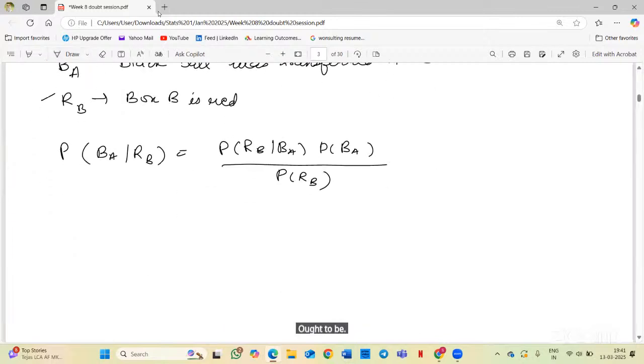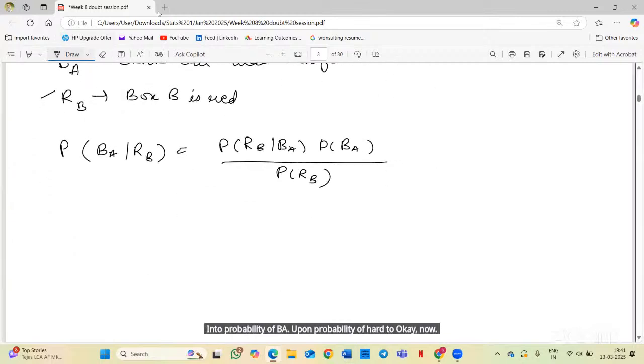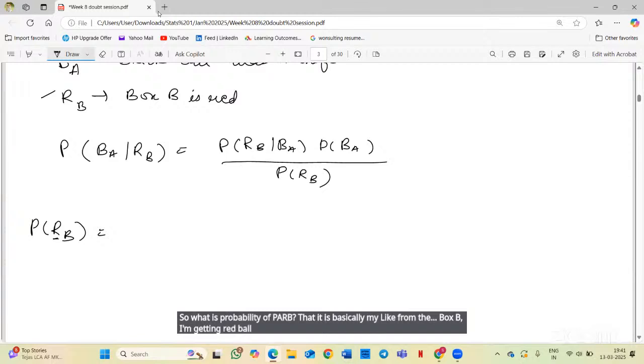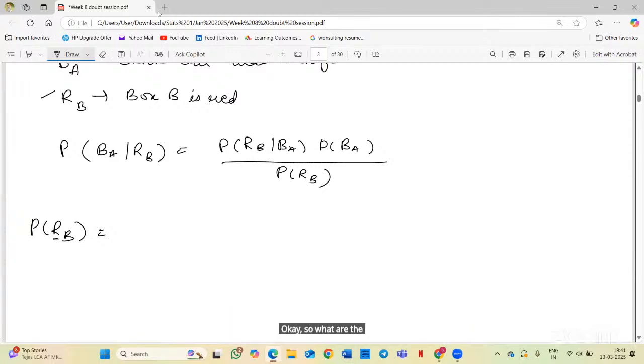Now, what is the probability of RB? That is, from box B, I'm getting a red ball. What are the chances? There are many cases, right?